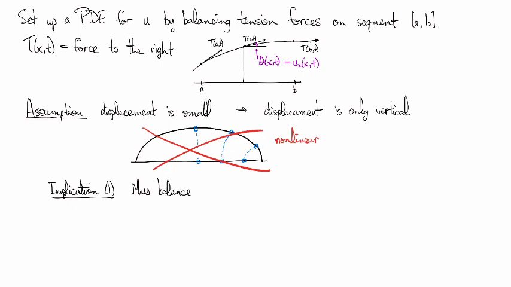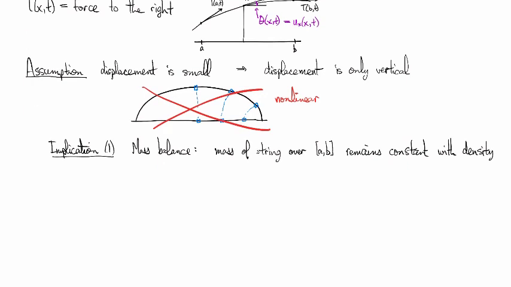The idea of mass balance is that the mass of the string over some interval, some little interval AB, remains constant. Now the density at a particular point may change.